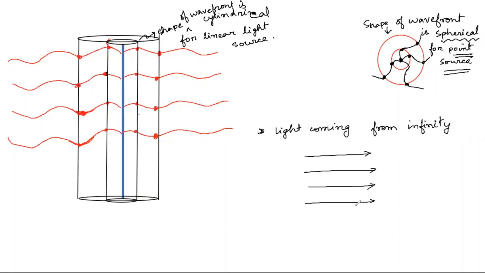So these are the rays of light coming from an infinite source. What will be the shape of the wavefront for such a case? The shape of the wavefront is always plane, a plane wavefront.